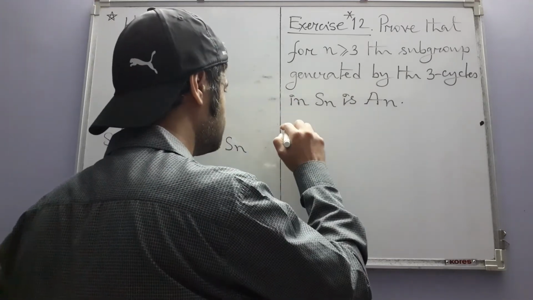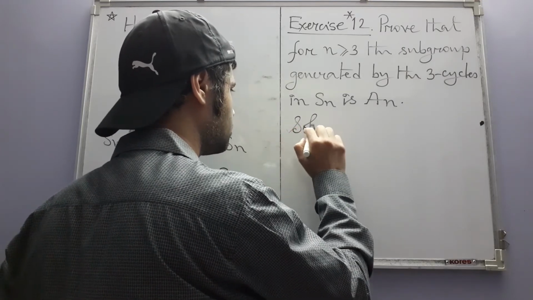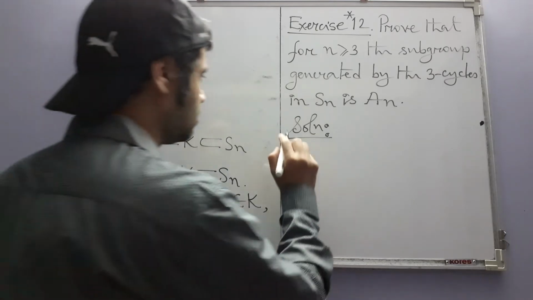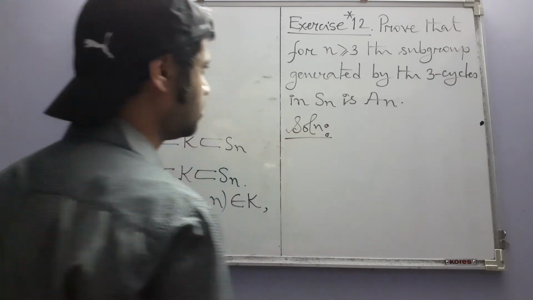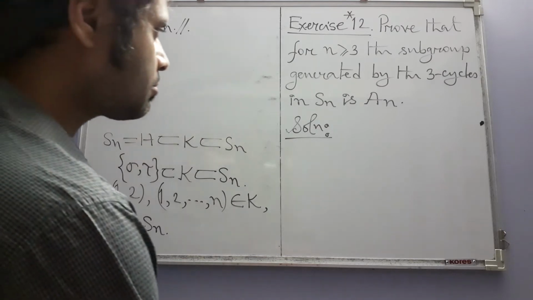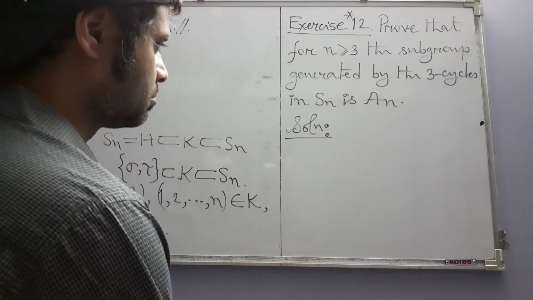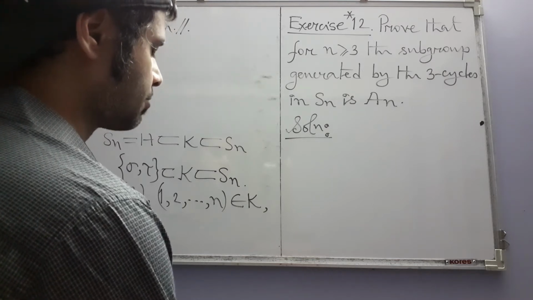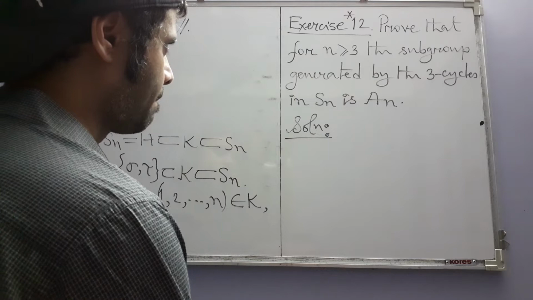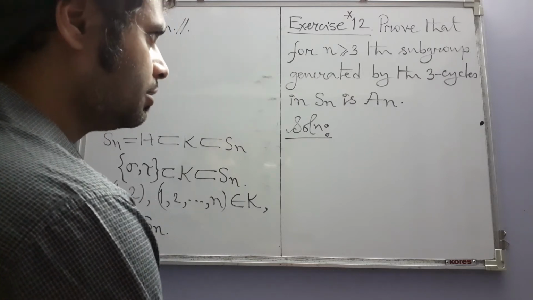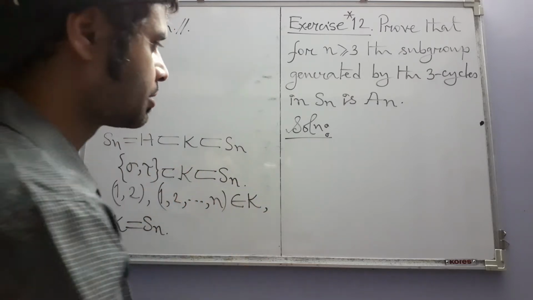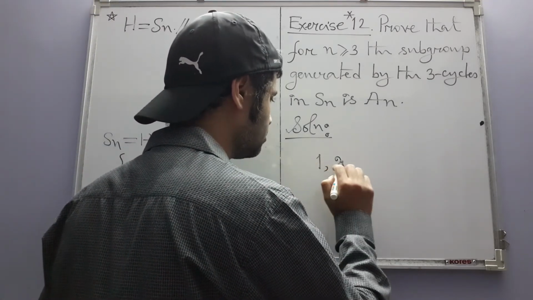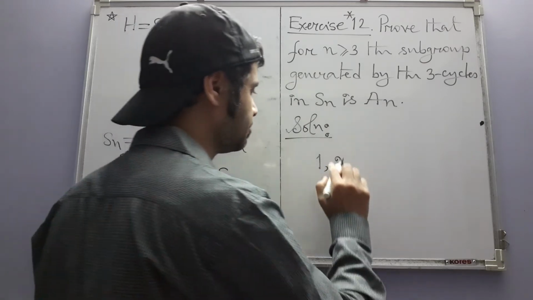Okay, so let's see. In this one, n is at least 3, of course, because if n is less than 3, then we will not get any 3-cycles.